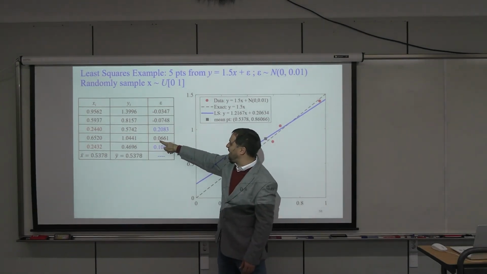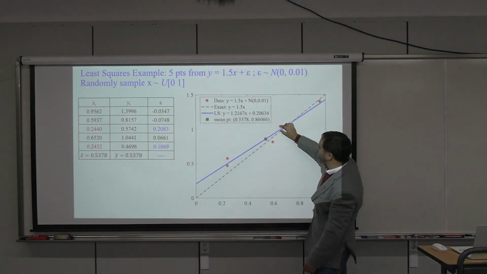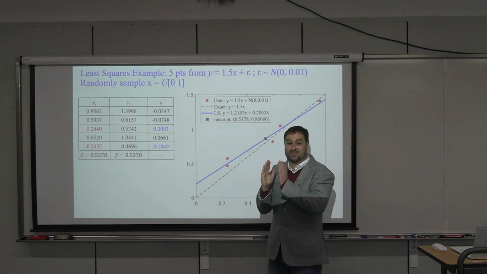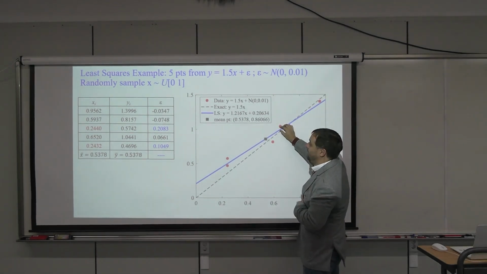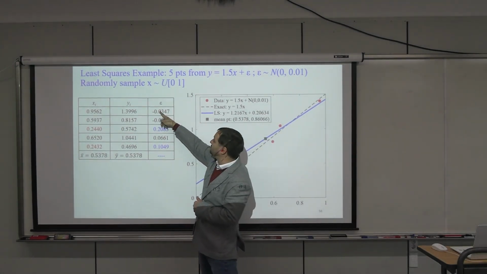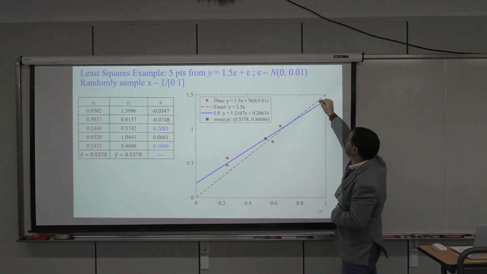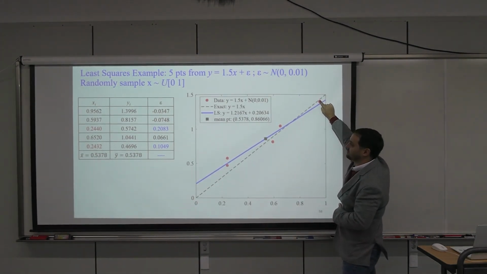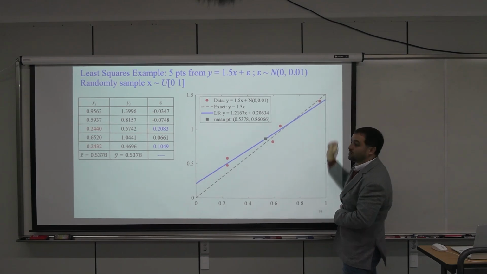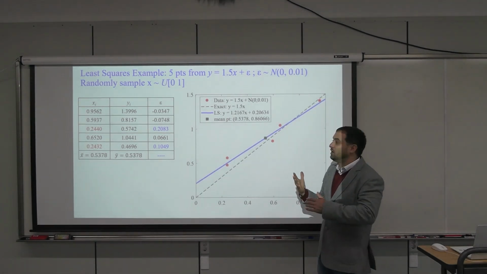And the other 0.65, it's 0.06, its random noise component is near the mean of that distribution. And then our final data point is also negative, but really small, 0.03. So the first data point is a little bit lower than our true function.